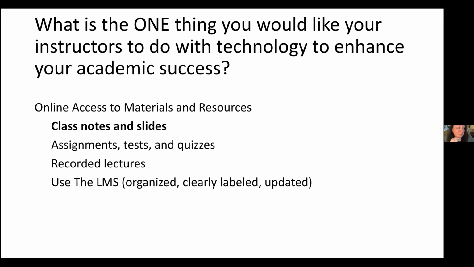I think this was really interesting when we talk about using learning management systems like Blackboard or Canvas, or Google Classroom, whatever the case may be. It's the overall importance of making sure things are clearly labeled, that they are organized in a consistent fashion, and that there's access to things like class notes and slides, so that students can have those available in this kind of environment.